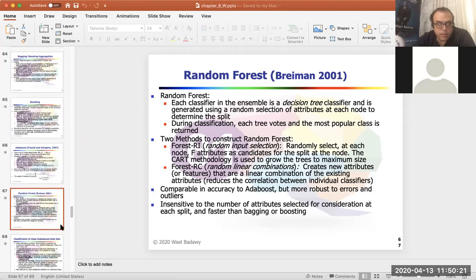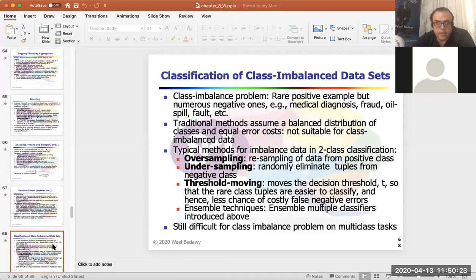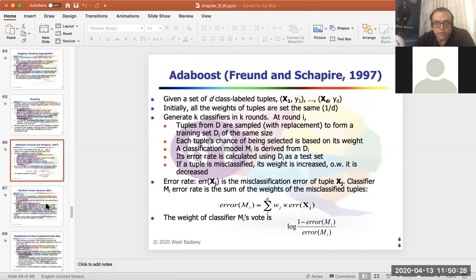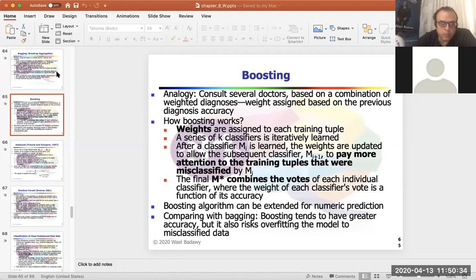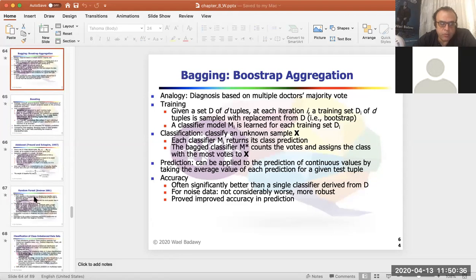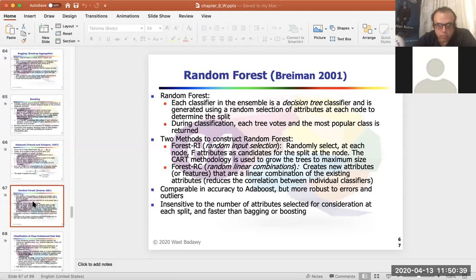I wouldn't dwell much on these two different techniques, AdaBoost and random forest. I just show you how you can use boosting and bagging in more complex approaches.